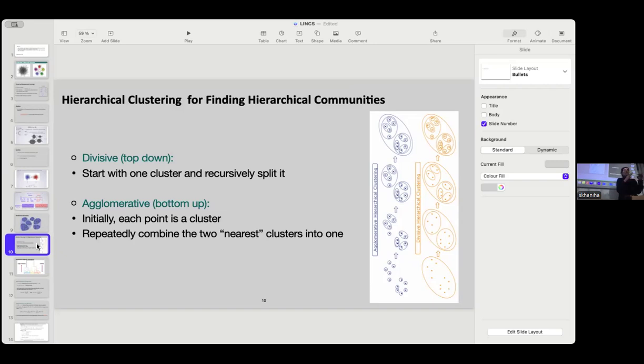So if we go from the first step to the second step, we don't care after that about the edges that are between these two subclusters. So we lose some information.